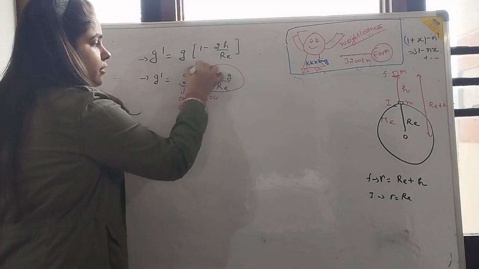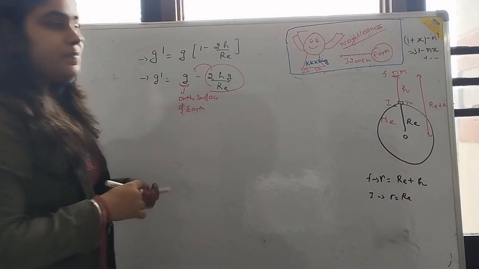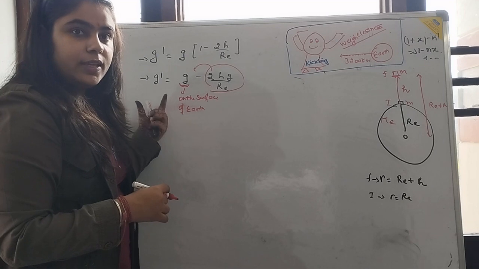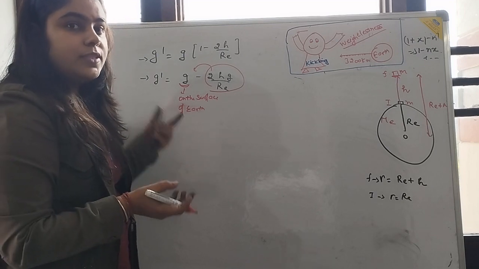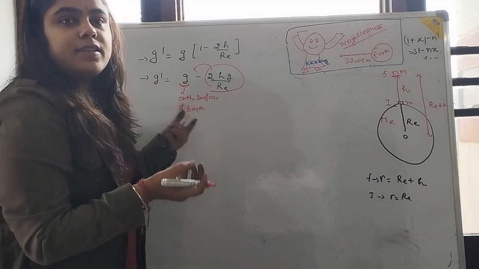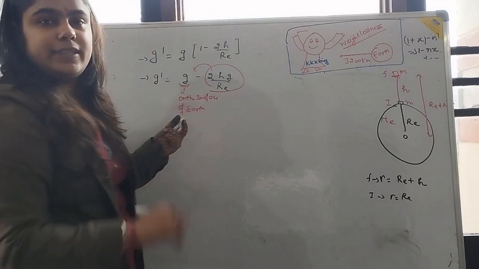Some term is subtracted from this, which means the attraction is going to be reduced as we go up to a certain height.